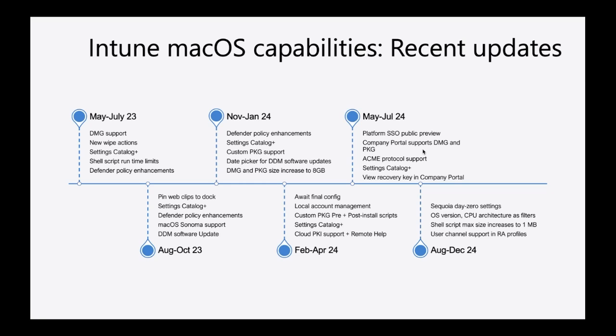DDM will do the work of checking the updates for your end user device and then push it to your end user devices automatically. So, several more updates from all of our Intune team for macOS devices, and I just want to give you a sense of what we have been working on in the past.